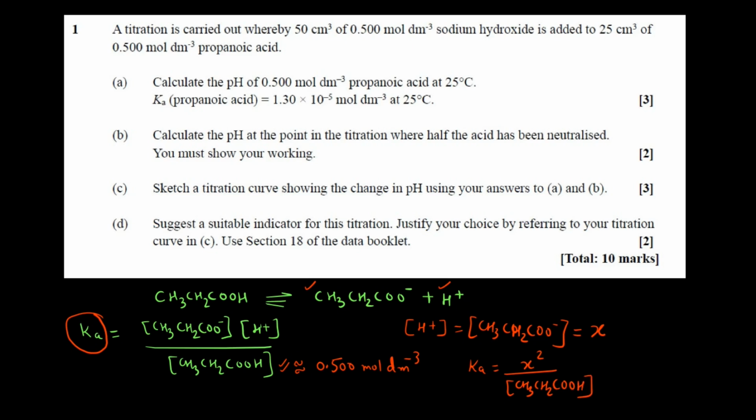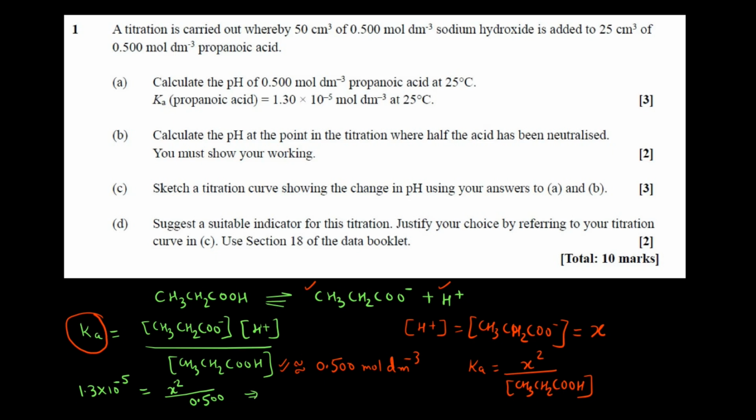We know that Ka is given to us, 1.3 × 10⁻⁵. That will be equal to X squared divided by the concentration of propionic acid, 0.500. So we solve for X.